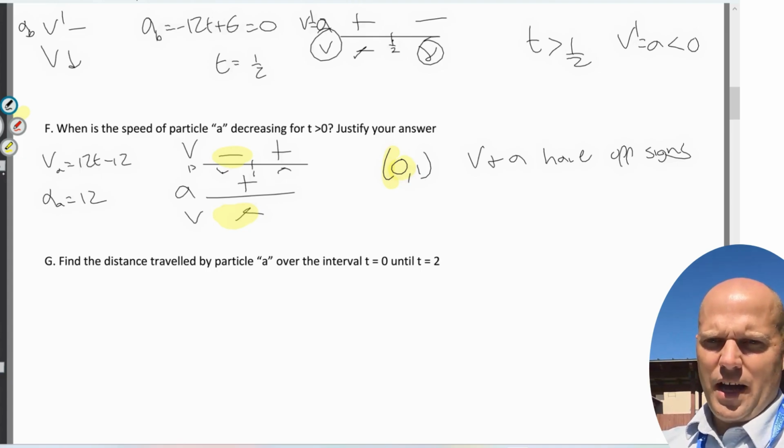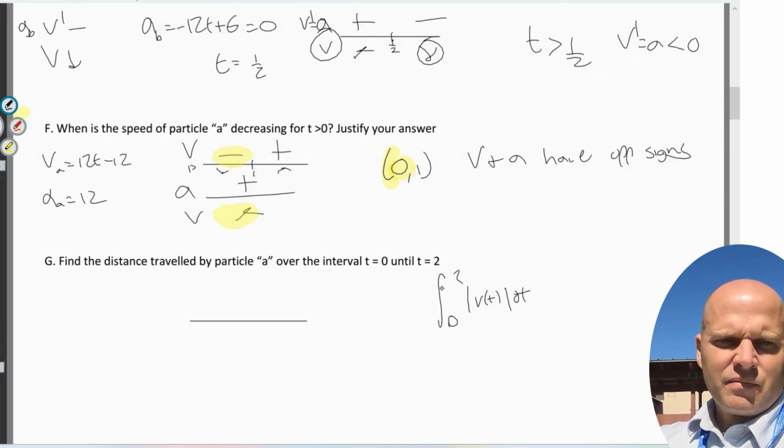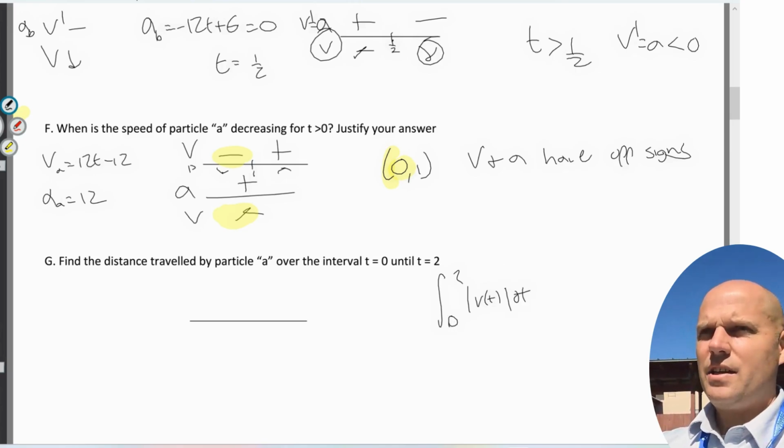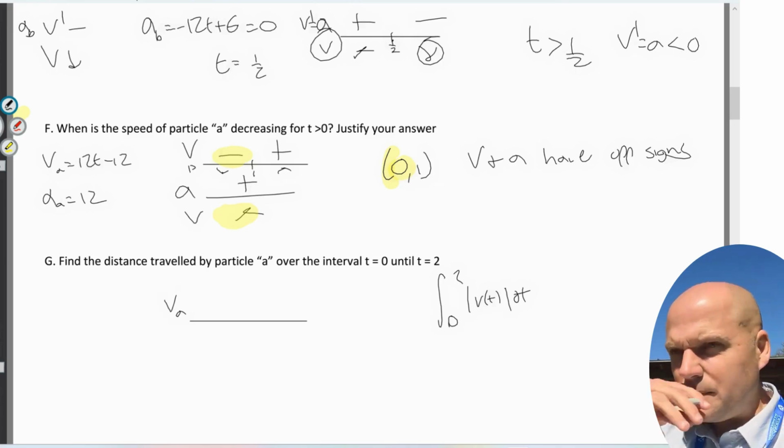Distance traveled by particle A. Well, guys, what we need to do is understand that I would love to accumulate the absolute value of V, but I can't do that without a calculator. What I have to do is really understand how the particle is moving. We look at the velocity of particle A, which we have right here, which is negative until 1 and positive after 1.